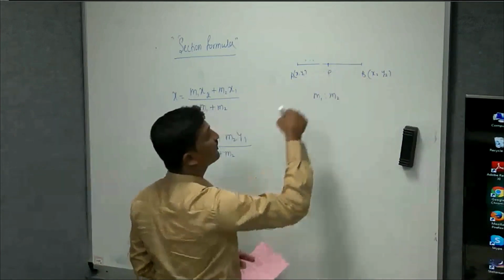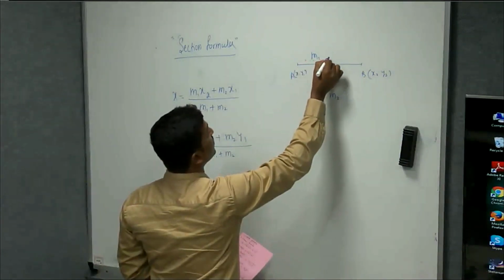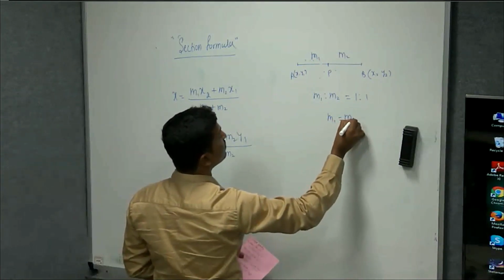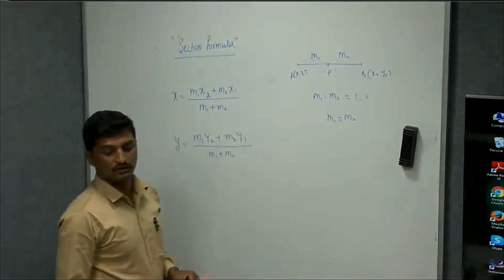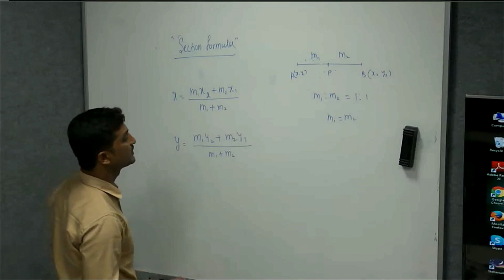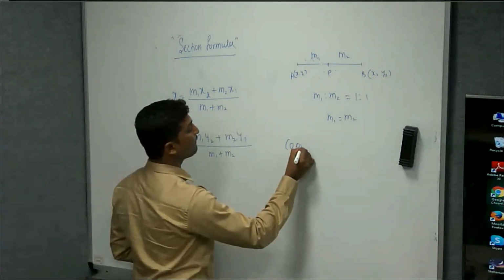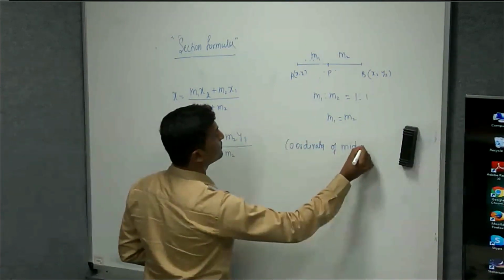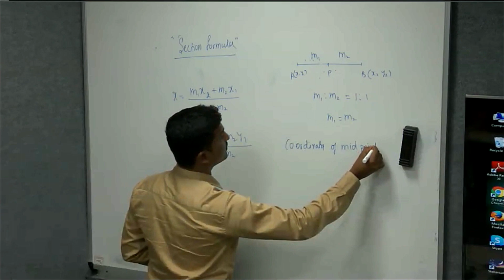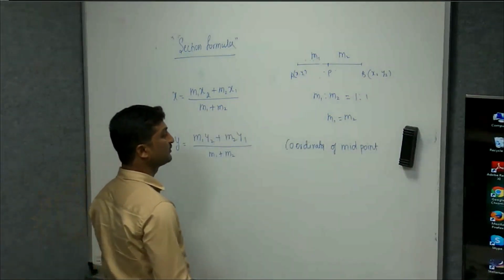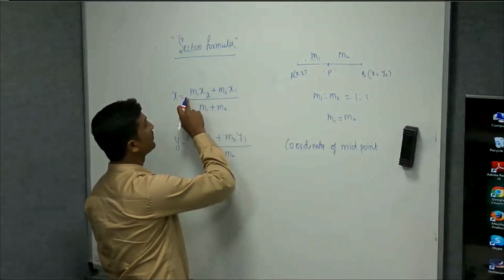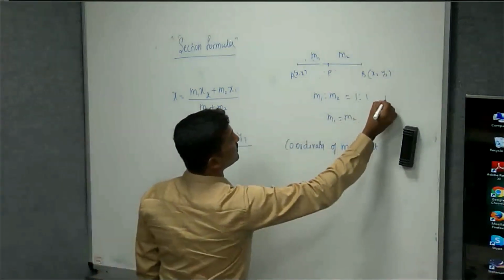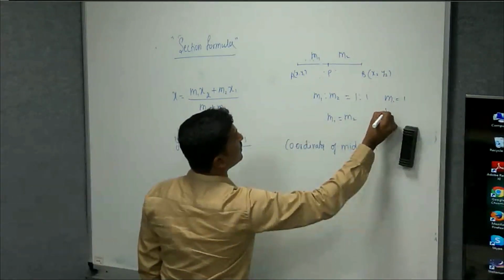If this point is exactly at the center, or P is the midpoint of AB, then the ratio m1 and m2 will be 1:1. That indicates m1 is equal to m2, then the point P is a midpoint. How to find the coordinates of the midpoint? Just apply m1 and m2, both are equal to 1.